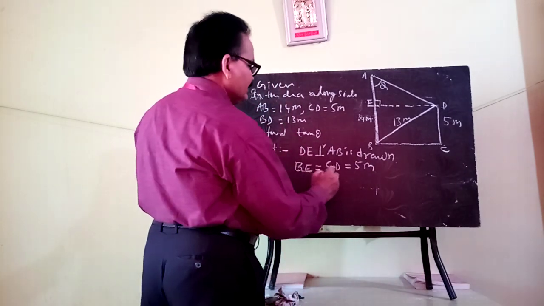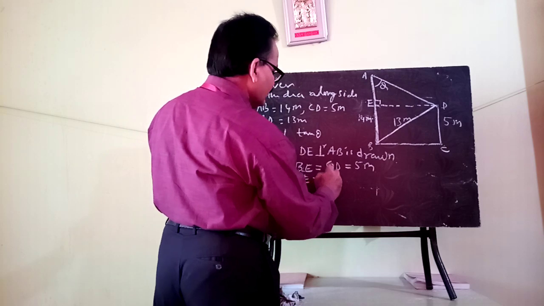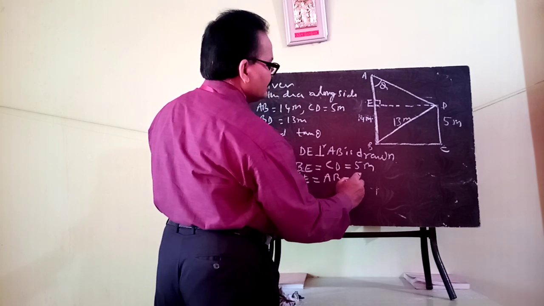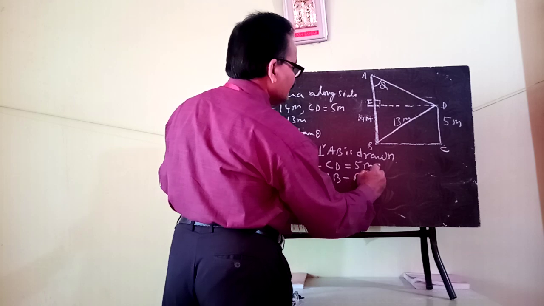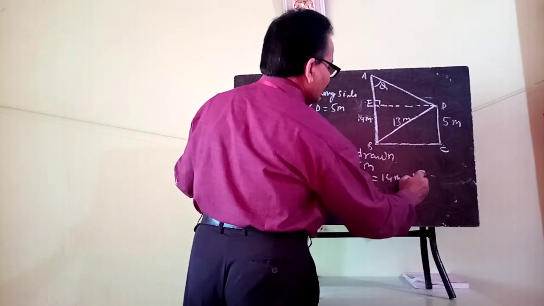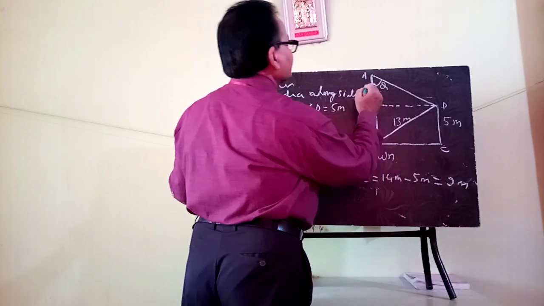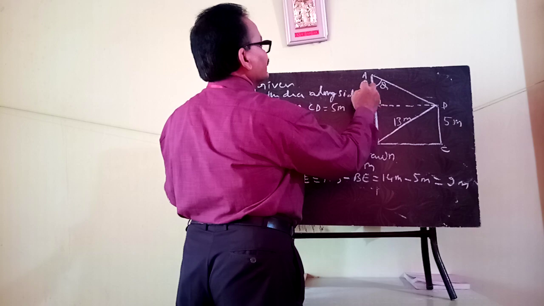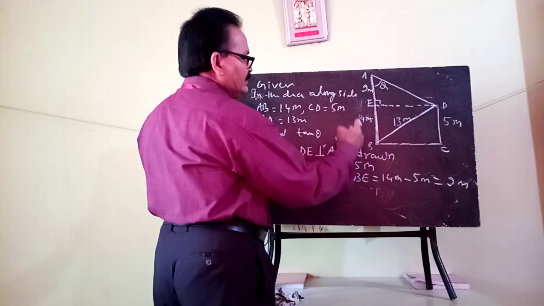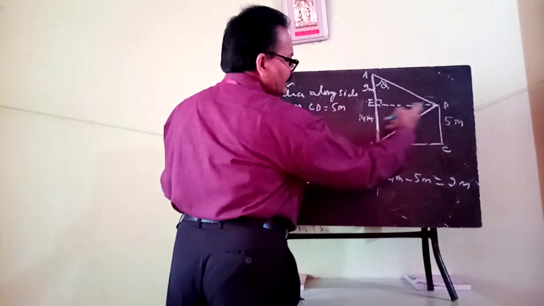So AE equals AB minus BE, that is 14 meter minus 5 meter, equal to 9 meter. So AE is 9 meter.